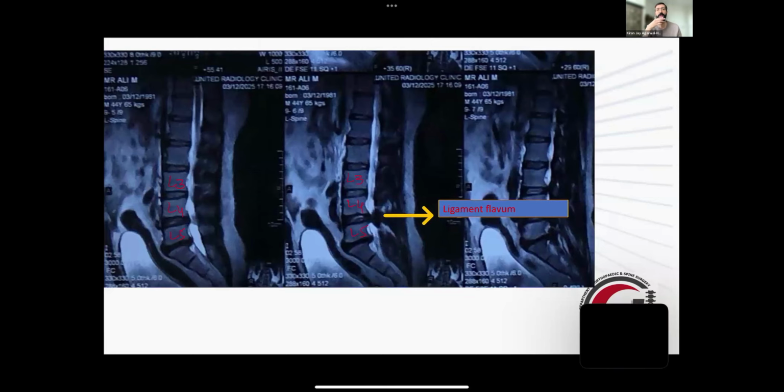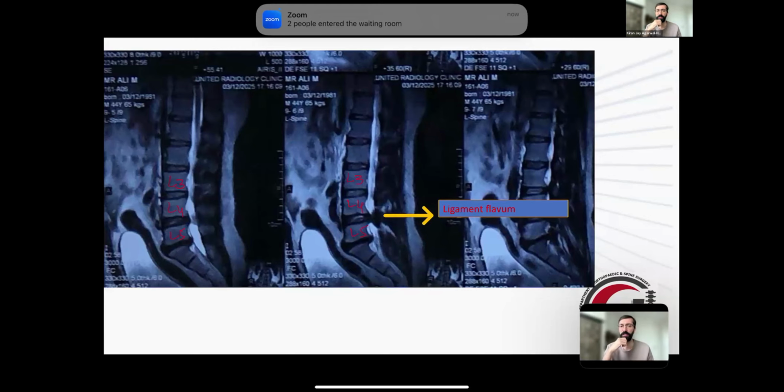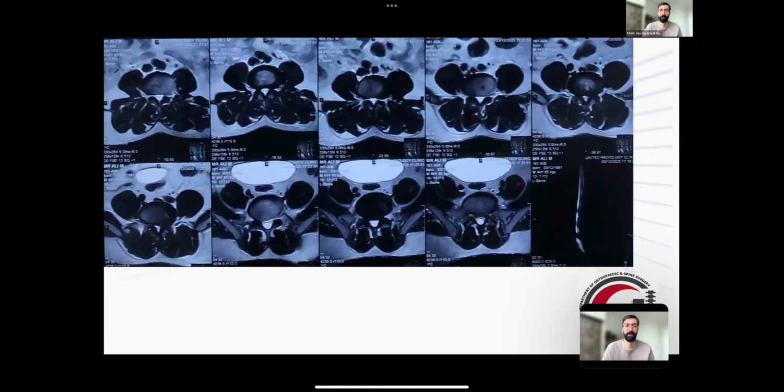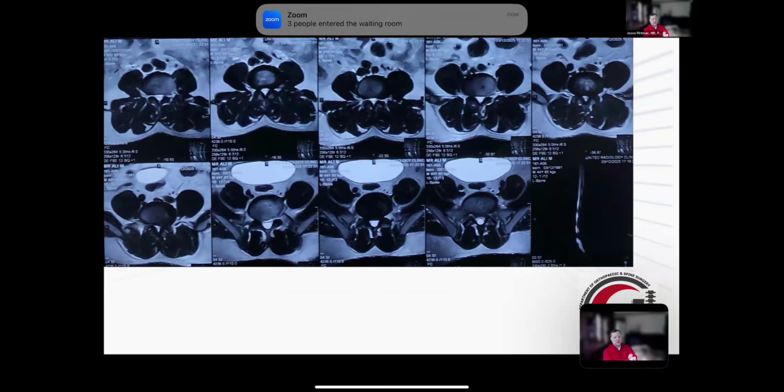Is that true? If you do an endoscopic technique with a minimally invasive approach, is there less of a chance of degeneration of the disc? Jason, maybe you can comment on that. Not really. At least the literature is very clear on the risk of adjacent segment disease with fusion. But in decompression techniques, the thought is that you're not grossly changing the mechanics of the spine, so you're not going to increase the risk of adjacent segment degeneration.